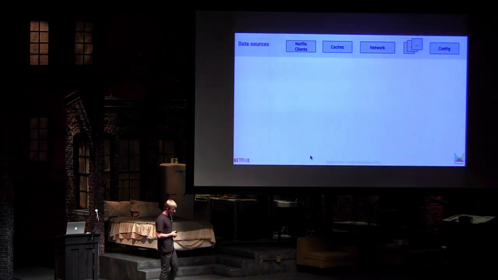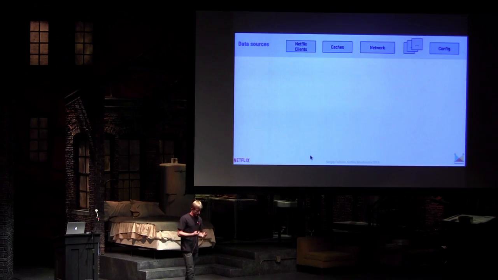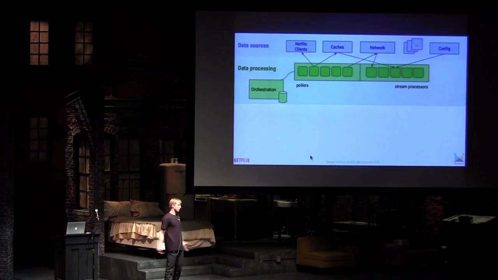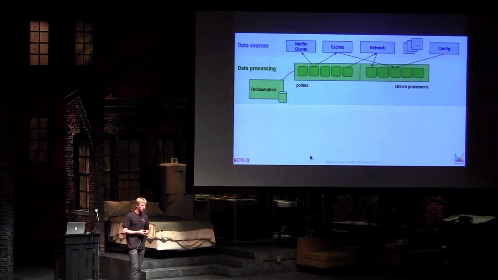So here is our architecture, about the layers in our monitoring system. On top we have a bunch of data sources, as I mentioned: network, cloud, servers, content configuration, stuff like that. It goes to the Netflix platform for telemetry or for log storage, and then we run a bunch of processing on top of that. We are not opinionated. We run both pollers and pushers, whatever makes more sense.